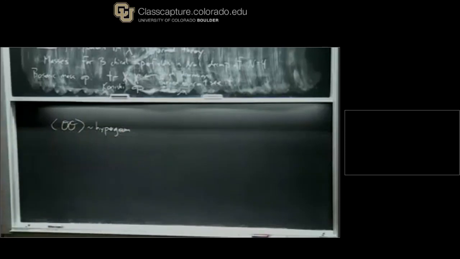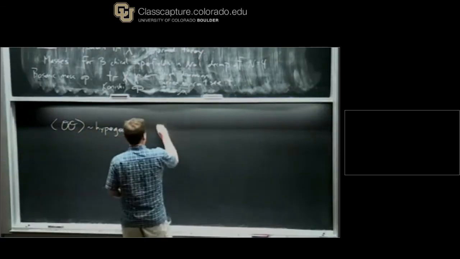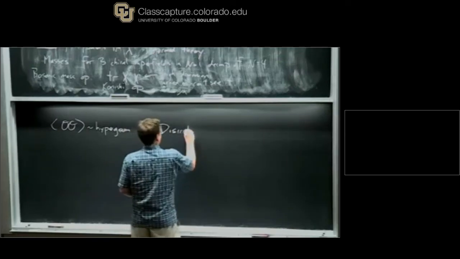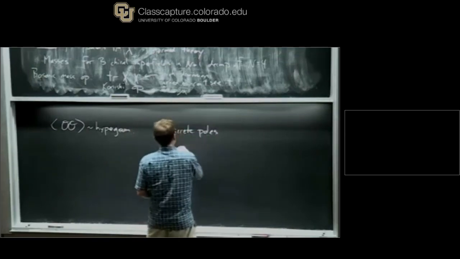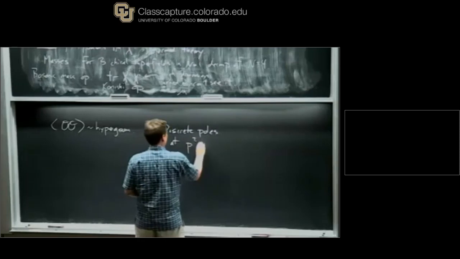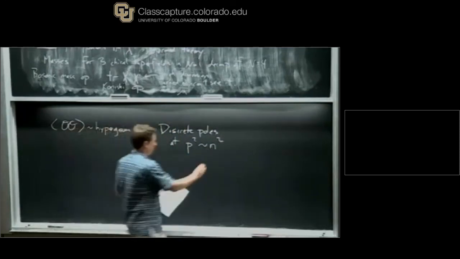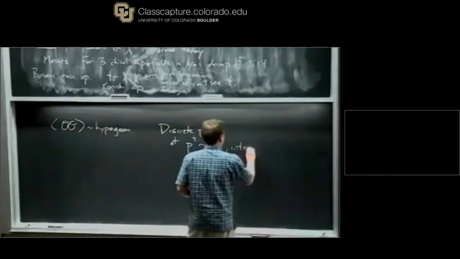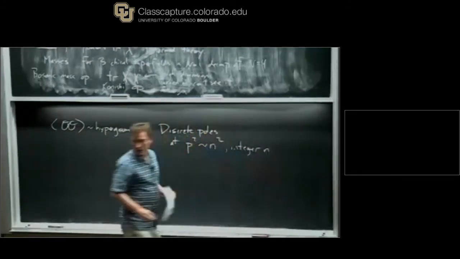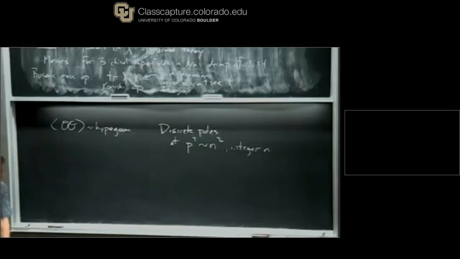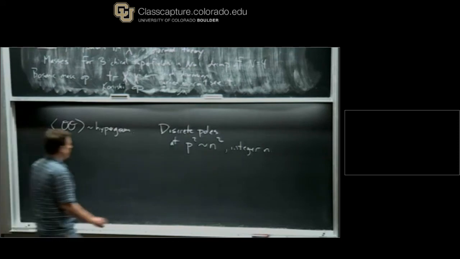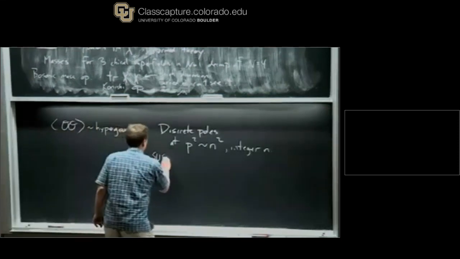Now instead of having a gap and then a continuous spectrum, we find discrete poles at certain p squared, some constants times n squared for some integer n. So the interpretation of this is now instead of a continuous spectrum, we have this discrete spectrum of very particular states. And so these are sort of the supersymmetric analog of glueballs.